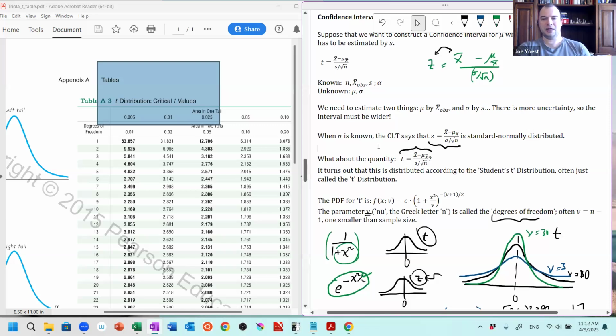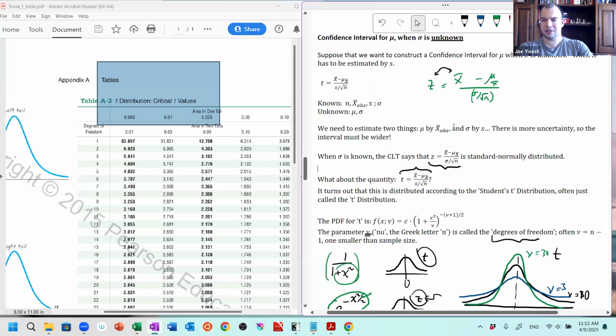It comes from us estimating sigma by s. But the larger the sample we have, the better an estimate of sigma we have in s, and the less additional uncertainty is being brought into the fold by that estimate. So it makes sense that as n gets large, t should look more and more like z, because knowing something about s is more and more like just knowing sigma precisely.